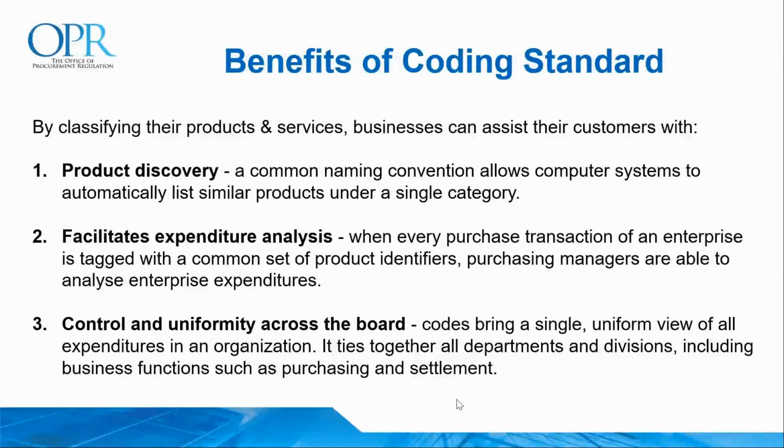So for example, there's now a common language being spoken between public bodies and suppliers, and also among public bodies. So Ministry of Finance, Regional Health Authority, and all different public body categories will all look at the same product and speak of it in the same category.